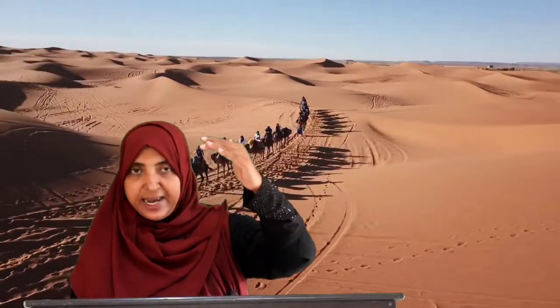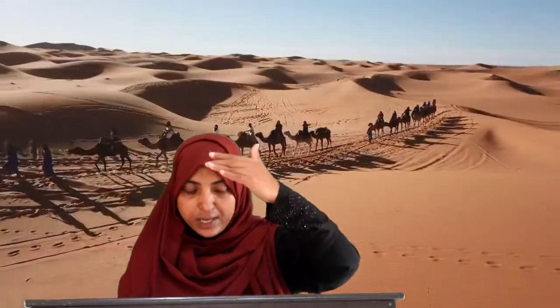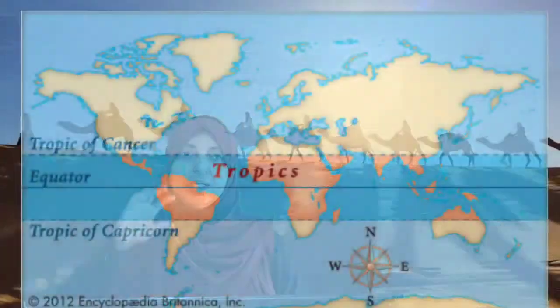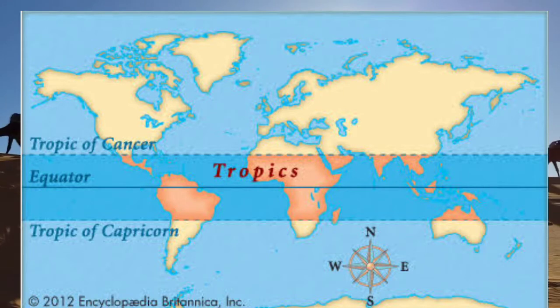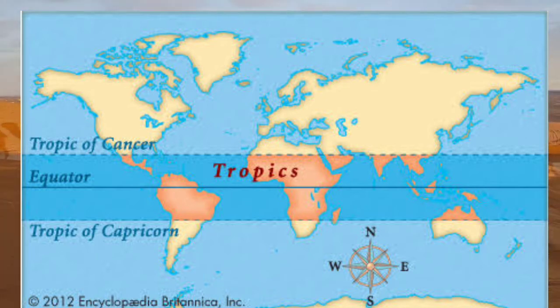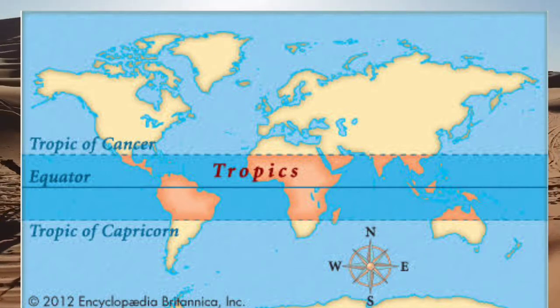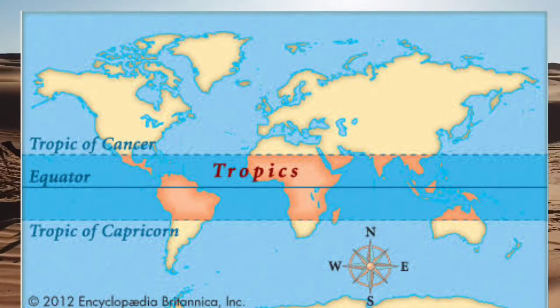Here you have to keep an important point in your mind. Yesterday we studied the equatorial region, which belongs to 0 degree to 10 degree in the northern and southern hemispheres. Clear? Today we discussed the hot deserts. Most of the hot deserts in the world lie between 20 degree and 30 degree in the northern and southern hemispheres.